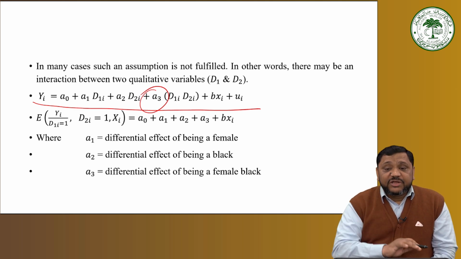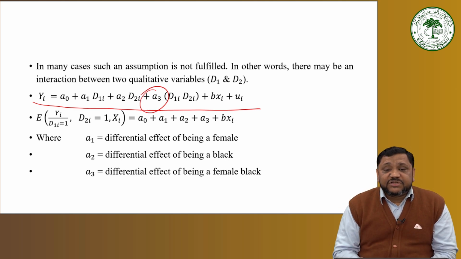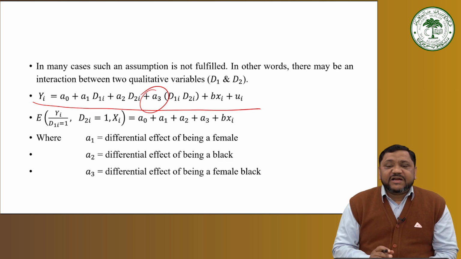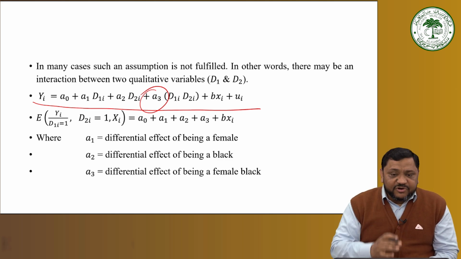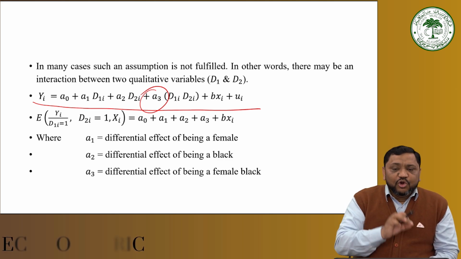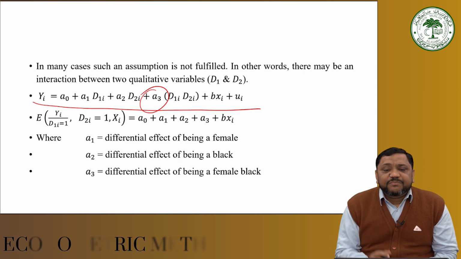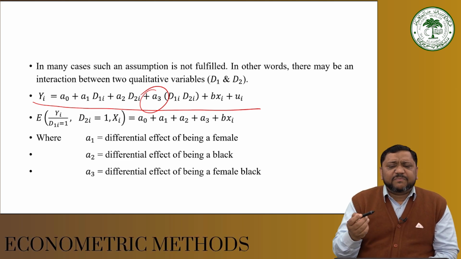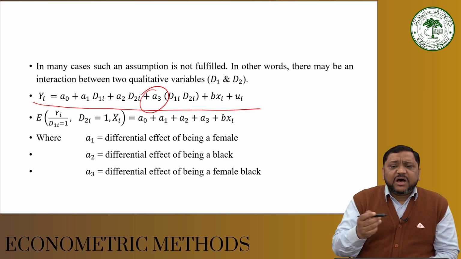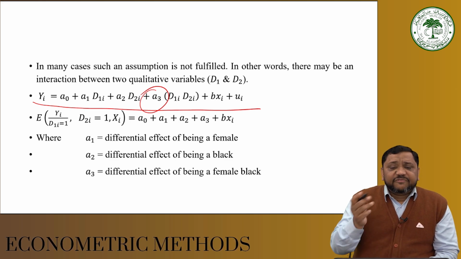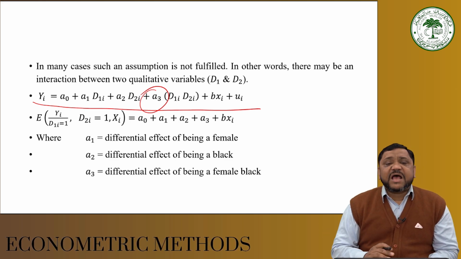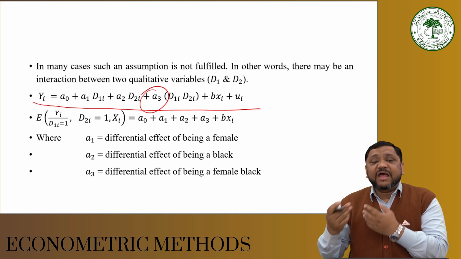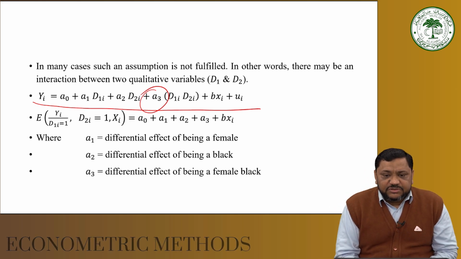If all the three differential dummy coefficients are negative, this indicates that female black workers earn much lower wages than female or black workers, as compared to male and white race workers.